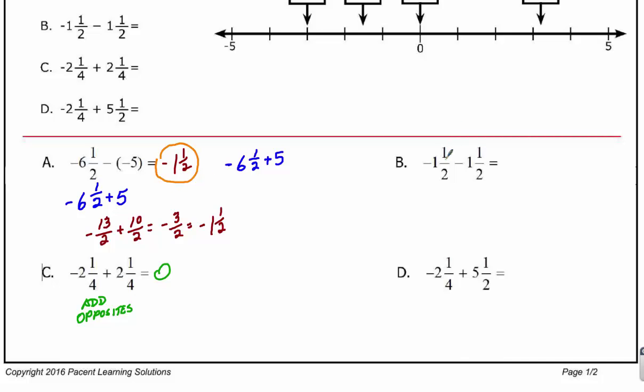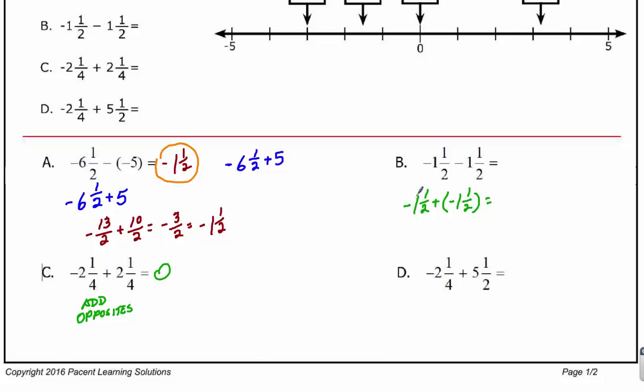Up here, for B, we're going to do the same thing we did on A. We're going to change it to an addition problem. So instead of taking away positive 1 and 1 half, we're going to add negative 1 and 1 half. Now everything's negative, so we have negative 1 and 1 half plus another negative 1 and 1 half.